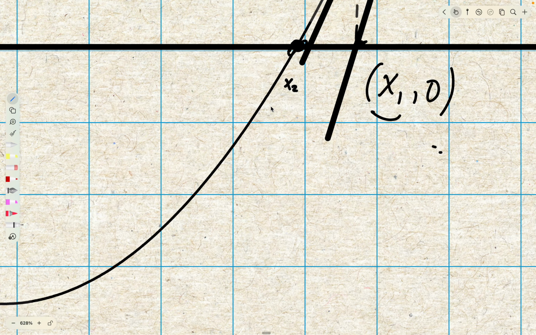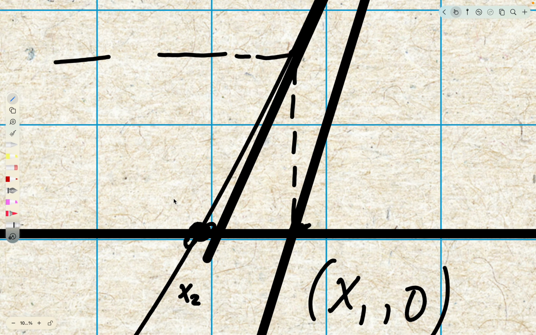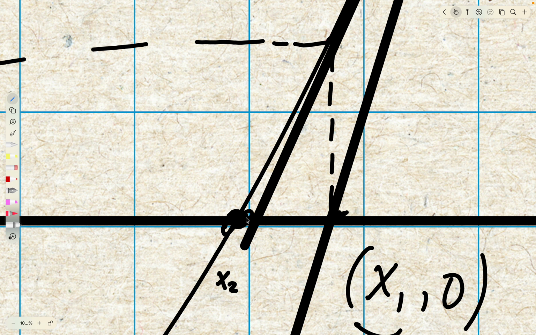And if we keep doing that, as you see, for example, let's say we are here for the second one, the line will be something like this.